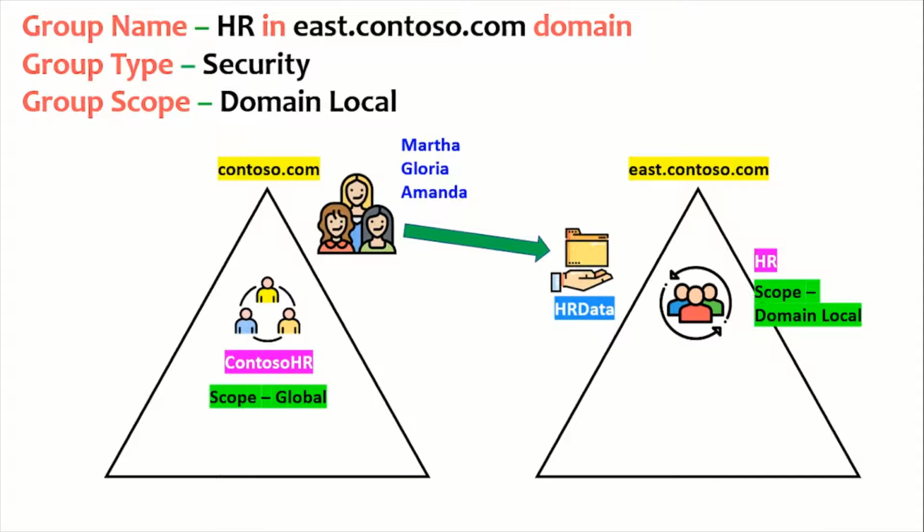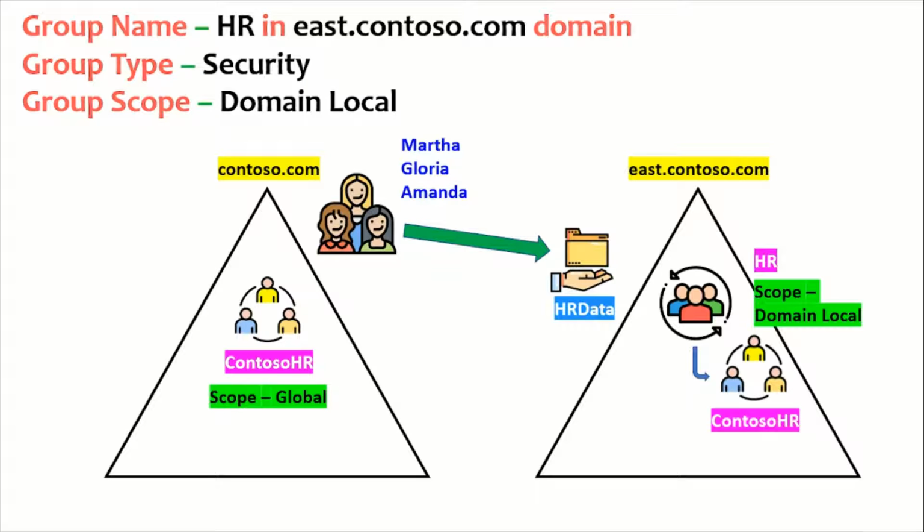Now if you see over here, the resource is in east.contoso.com. That's the reason we are creating a domain local group in east.contoso.com. Now our next step would be to add the Contoso HR group as a member of the HR group in east.contoso.com.